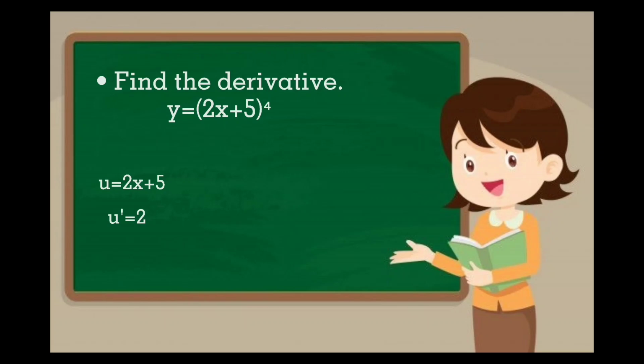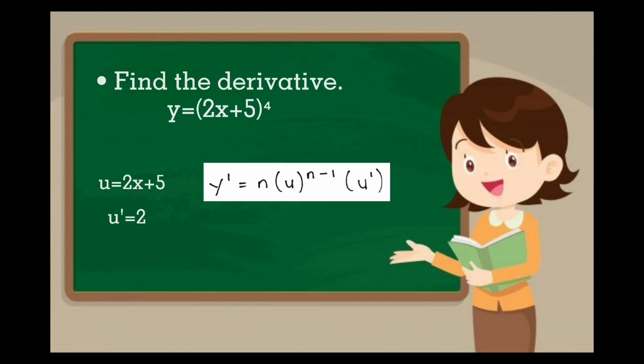Now that we have found u prime, the derivative of u, let us substitute into our general power rule formula. We have y prime equals n times u raised to the power of n minus 1 times u prime. n, the exponent, is 4, times u, the base, which is (2x plus 5) raised to the power of 4 minus 1, which is 3, times u prime, which is 2.